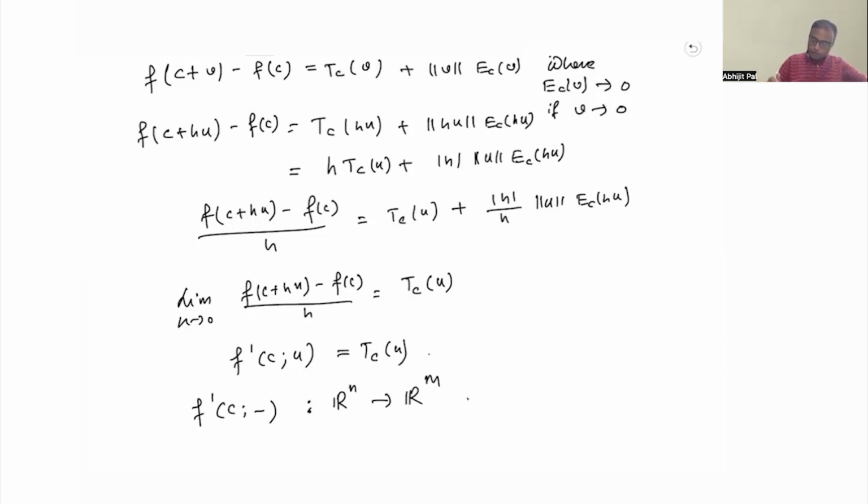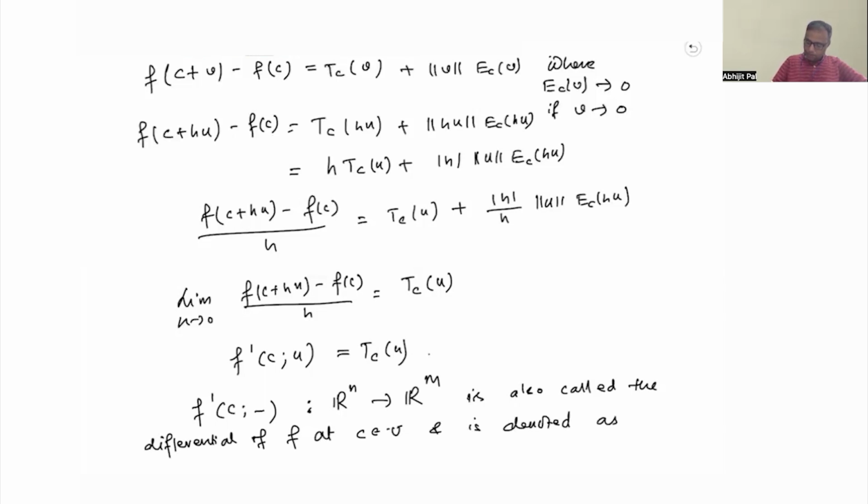This f'(c) is also called the differential of f at the point c, and is denoted as df. So df at the point c evaluated at the point u is equal to f'(c; u).